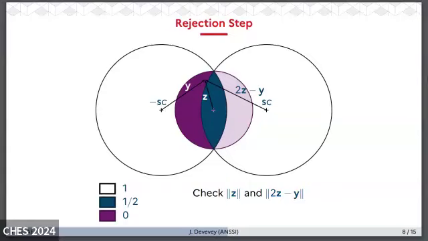And if you look at the norm of 2Z minus Y, if it is very long, then you will know you are in the purple region on the left. If it is short, you will be in the blue region and need to flip a coin. And you actually are never in the translucent purple part due to the way Y is sampled in the left hyperball. This works whatever sign you choose.